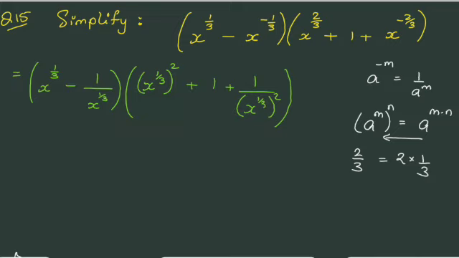Now in this step, you will see the same variable with the same power at multiple places: x raised to 1 upon 3, in the denominator x raised to 1 upon 3, in the second bracket x raised to 1 upon 3, x raised to 1 upon 3. Same variable, same power means the same factor is appearing at 4 places.